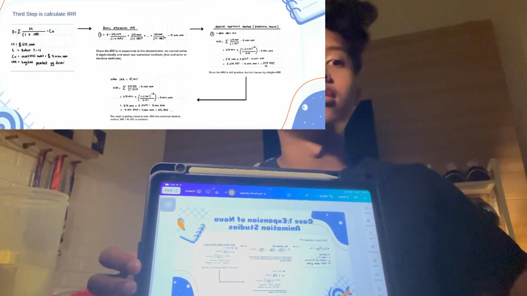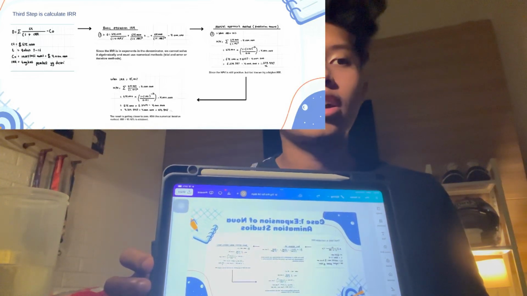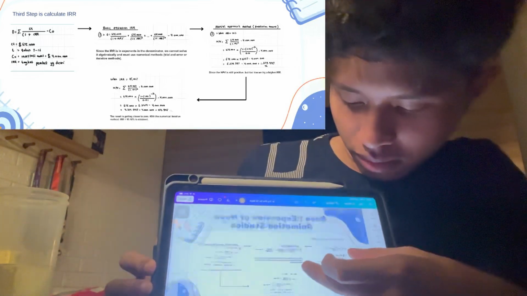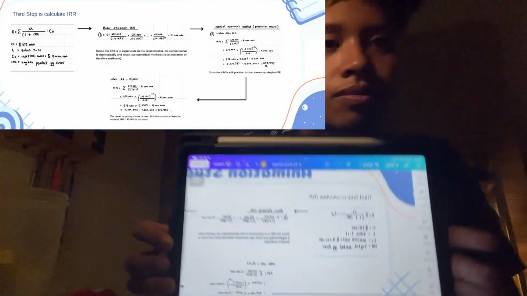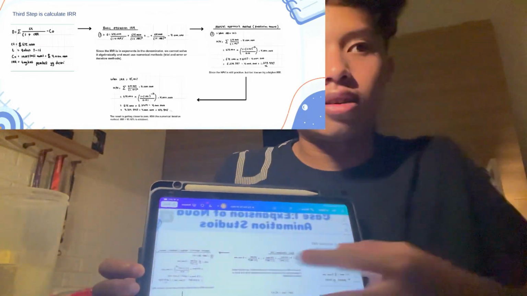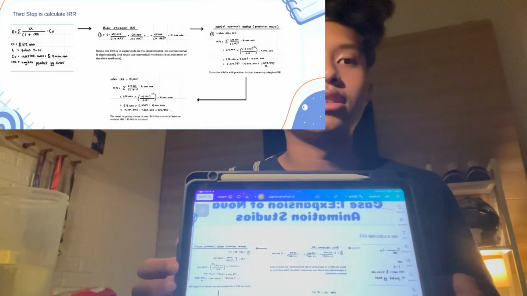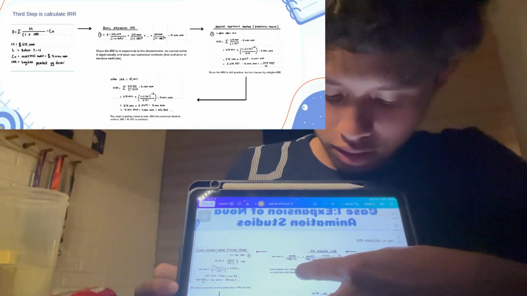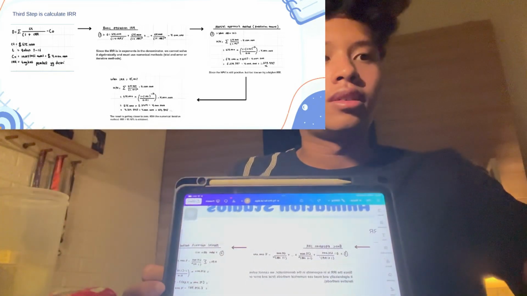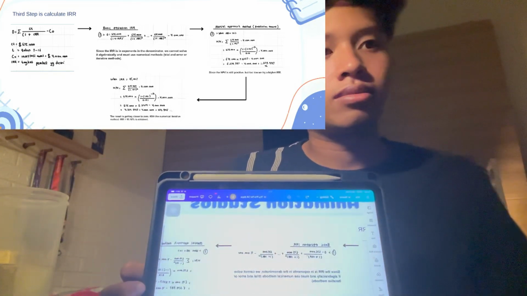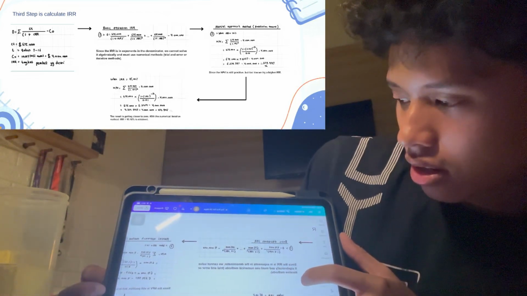And then in the third step, we will calculate the ERR. We know the formula as follows. In the first step, we calculate the basic equation of ERR.